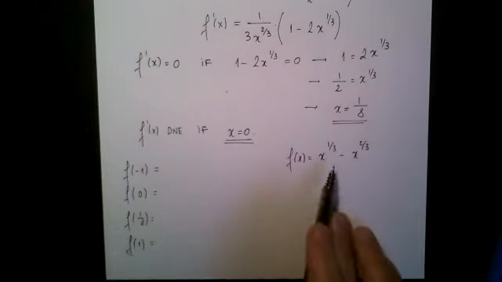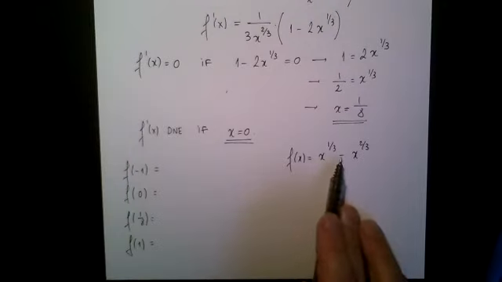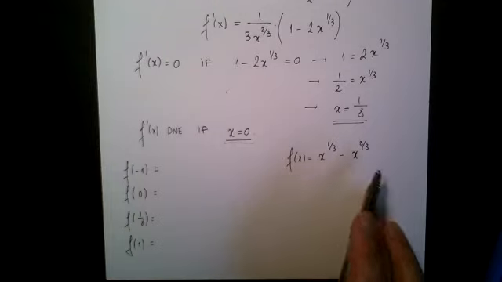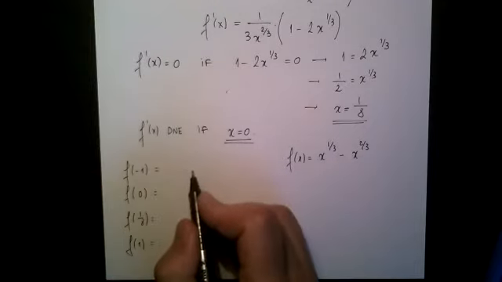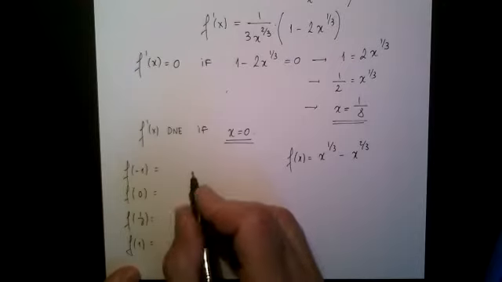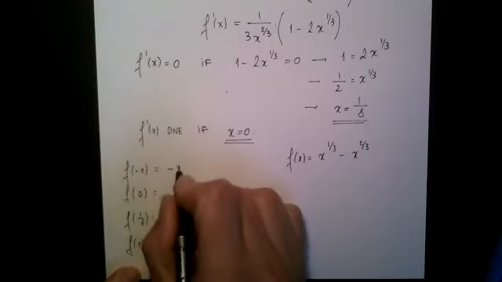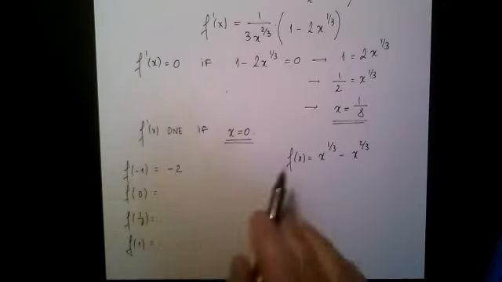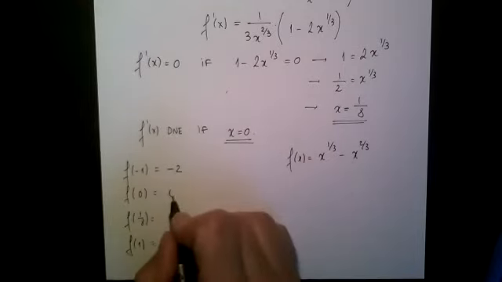So let's go. If I plug in -1 here, I get -1 minus 1, so I get -2. Okay, at 0, of course, I get 0.